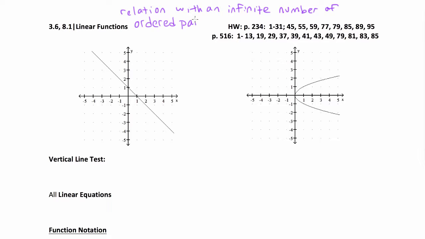And this comes up a lot. In this case, I can't just write down every single ordered pair, but if you give me an x value, I can tell you exactly what y value it corresponds to. This is a function.